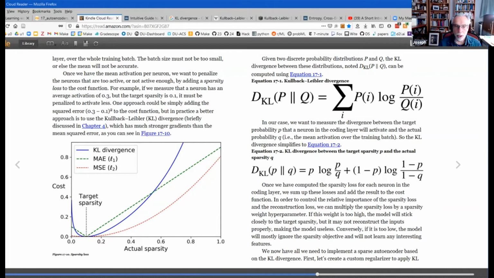Right, that's what he means by sparsity. So Q is the mean sparsity for a given neuron. And so you can actually construct this function, and that is the KL divergence.